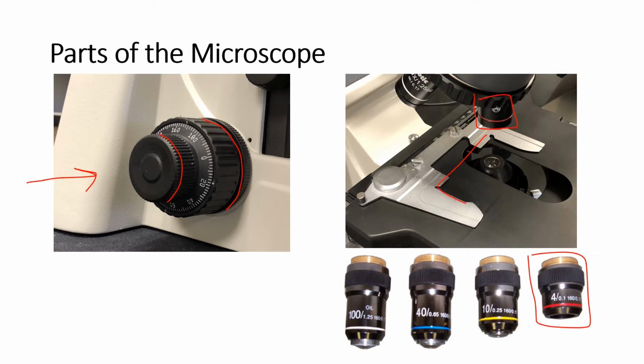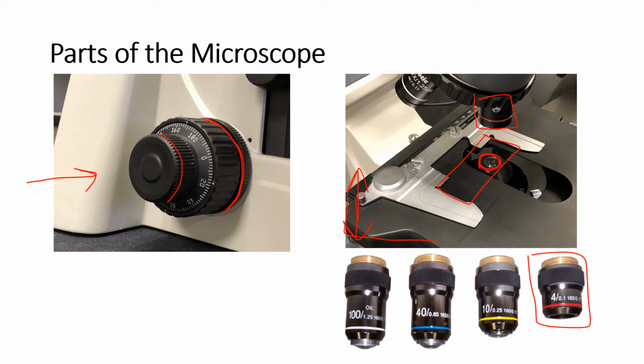Then you place the slide into the slide clip, and remember you place the object you want to look at over the light. When you are focusing, you are going to use the coarse knob first. And the coarse knob is physically going to move the stage up and down.